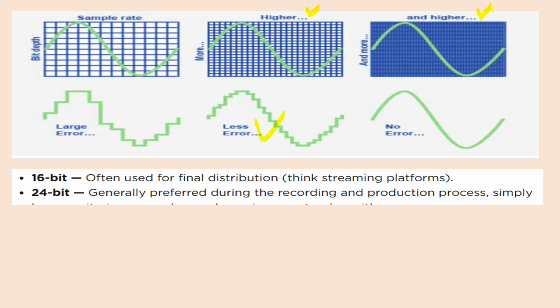With even higher depth, very little error or no error. Generally two bit depths are used: 16 bit, often used for the final distribution, and 24 bit, generally used during the recording and reproduction of the signal.